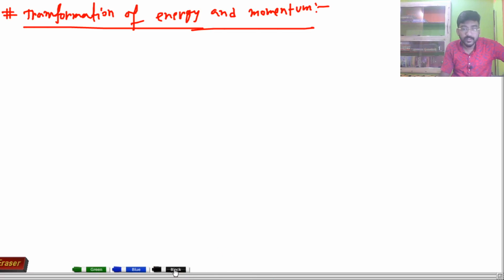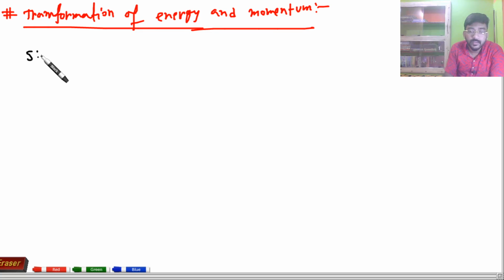So let us suppose that there is an S frame, and in the S frame the momentum is, let me take it as P, the X component of momentum, and E is the energy. In the S dash frame it is P dash and E dash.